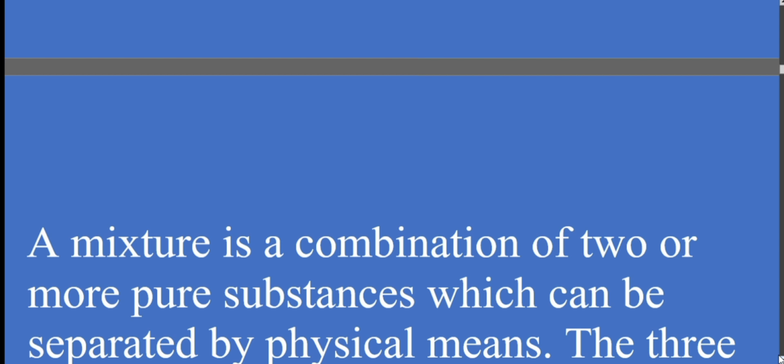For example, if we mix sugar and water, before mixing we had water as a pure substance and sugar as a pure substance. After mixing them, they become a mixture, which we say is impure because they are now mixed.